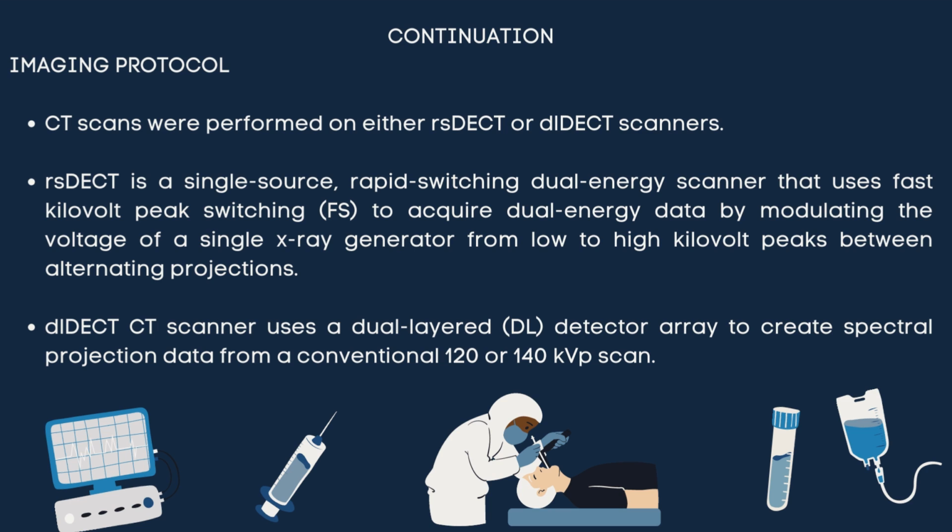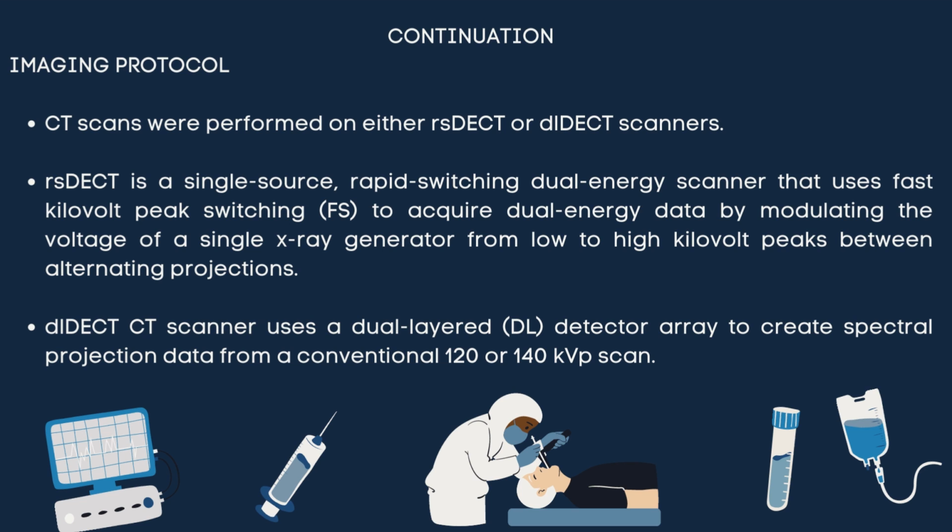Let's proceed with the imaging protocol. CT scans were performed on either RSDECT or DLDECT scanners. RSDECT is a single source rapid switching dual energy scanner that uses fast kilovolt peak switching to acquire dual energy data by modulating the voltage of a single X-ray generator from low to high kilovolt peaks between alternating projections.